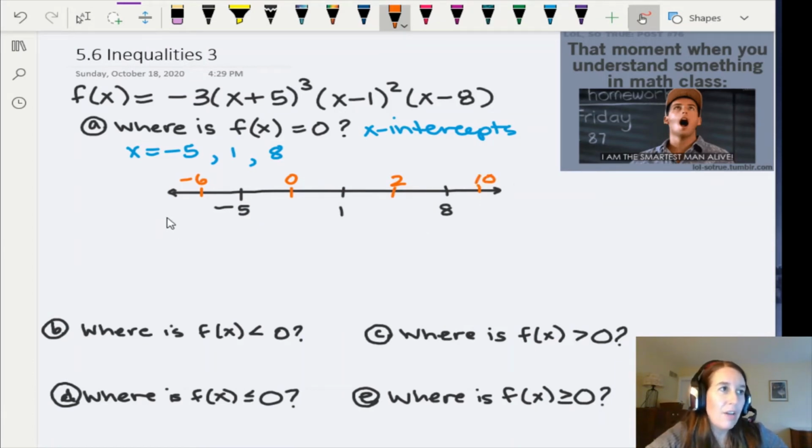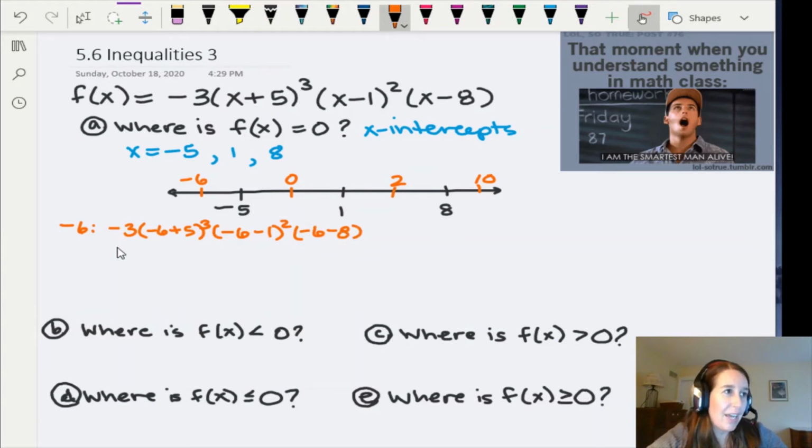All right, so now I'm going to plug in all my test points and see if the function is positive or negative at those test points. So if I plug in -6, I have -3 times -6 plus 5 cubed times -6 minus 1 squared times -6 minus 8. That is a lot of negative signs, right?